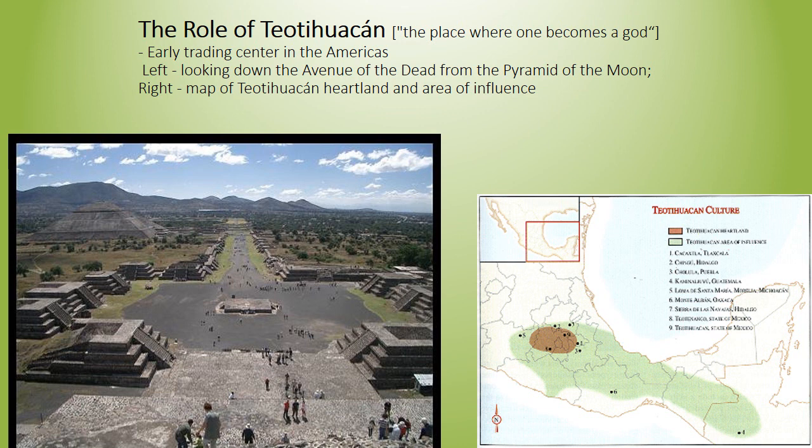But this was an earlier city, Teotihuacan, which, like it says, was called the place where one becomes a god. One of these early urban centers of the Americas. It was a trading center, and you can see this picture on the left is an image shot from the Pyramid of the Moon, and on the right is kind of showing you where it was located.